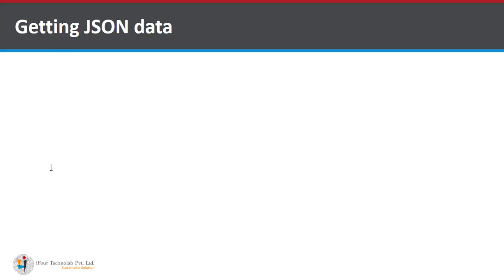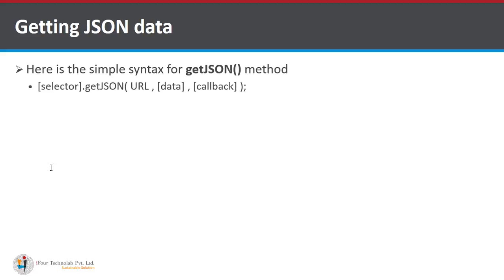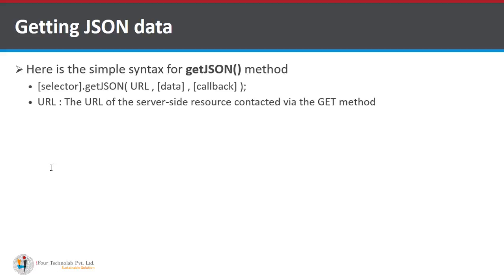Let me start with getting JSON data. Here is the simple syntax for the getJSON method: selector.getJSON(URL, data, callback). What is URL? The URL of the server-side resource contacted via the get method.